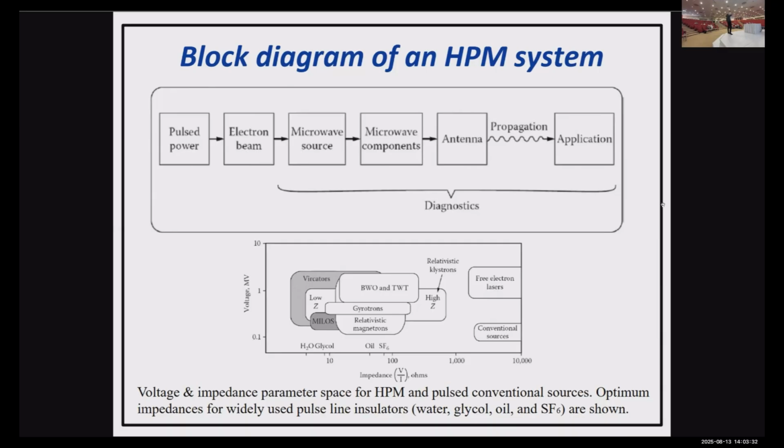The block diagram you see here is basically for any vacuum electron device or high power microwave tube, except that in our context, usually the electron gun concept is combined with the microwave source. Everything is one device.